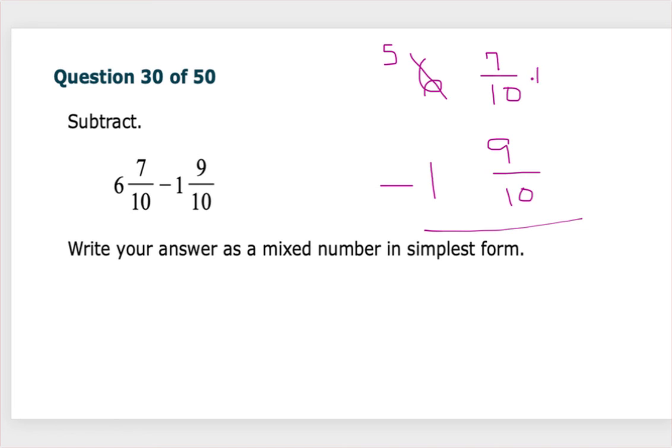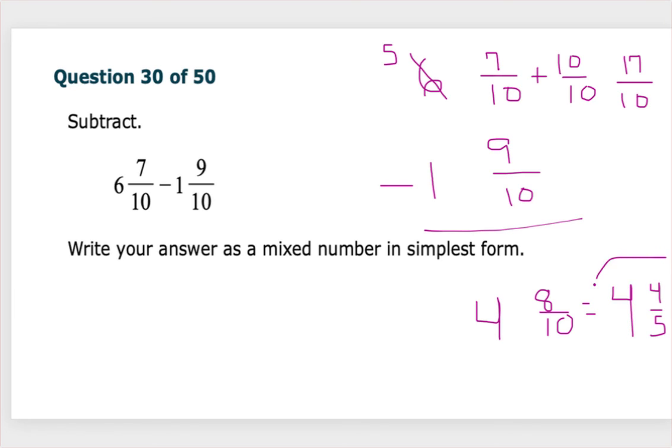And we're going to add 1, which is 10/10 over here. And 7 plus 10 is 17 tenths. 17 tenths take away 9 tenths is 8 tenths. And 5 take away 1 is 4. Now, we do need to simplify this because 8 tenths is the same as 4 fifths. So our final answer is 4 and 4/5.